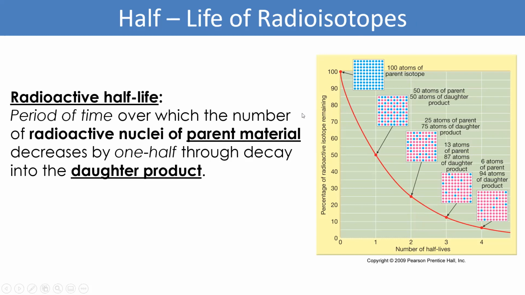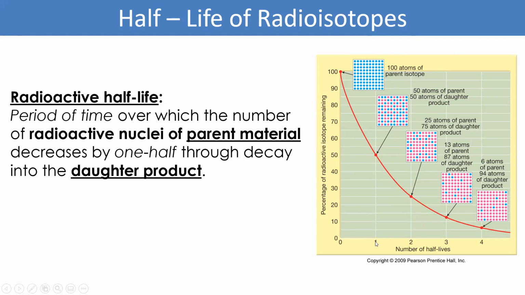Over time, it's going to decay, and eventually half of those atoms are going to turn into the daughter product, whereas the other half are still the parent product. So that's a half-life because we've gone from 100 atoms of parent to 50 of each.